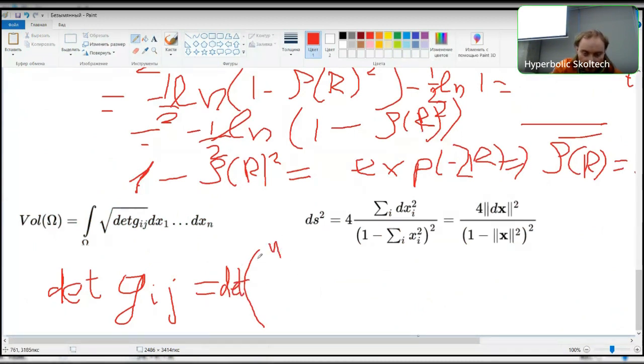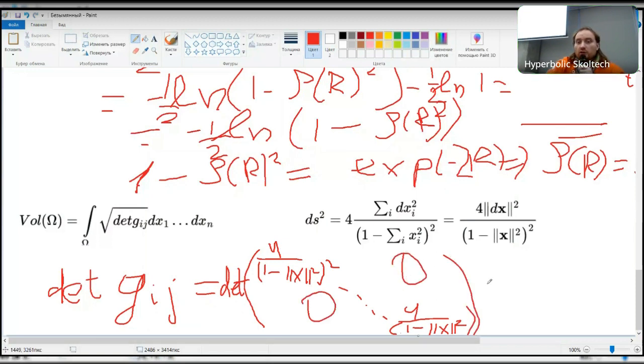It's like 4 divided by 1 minus square of norm, let me write it as a norm, on the diagonal, here are zeros.